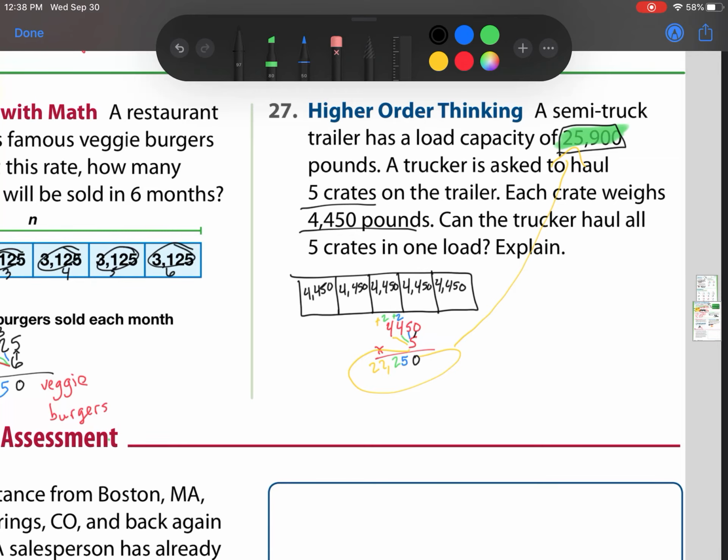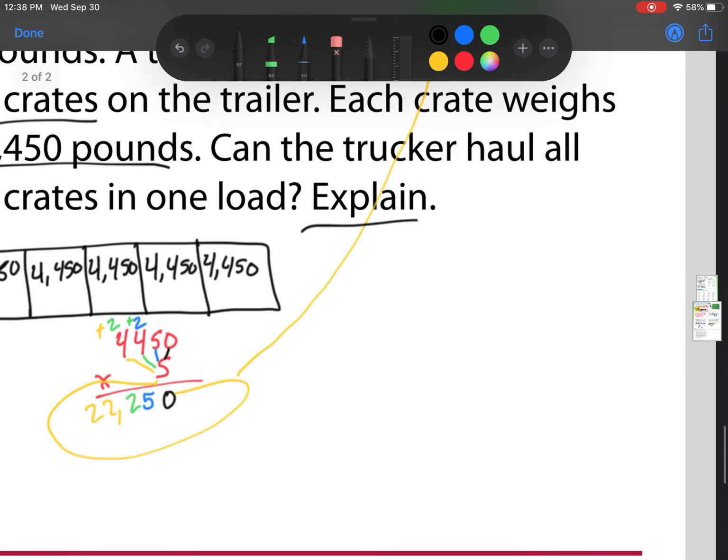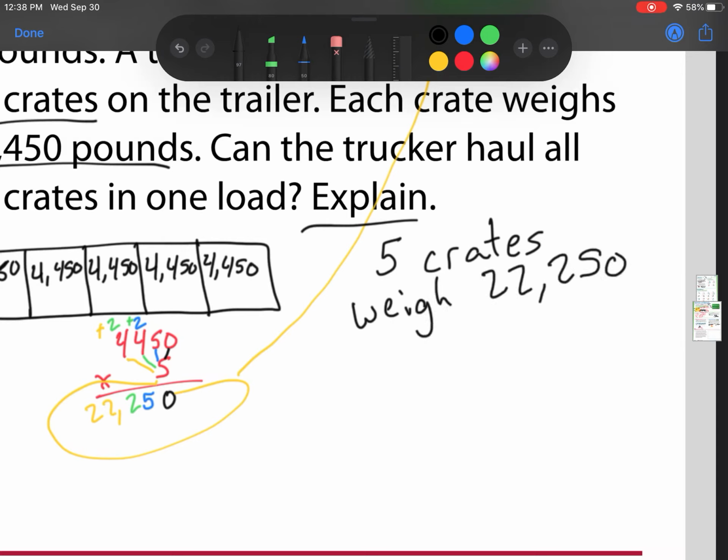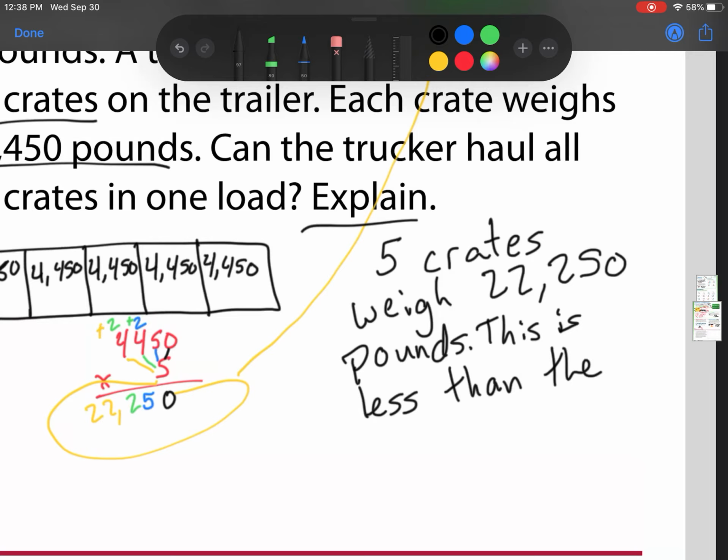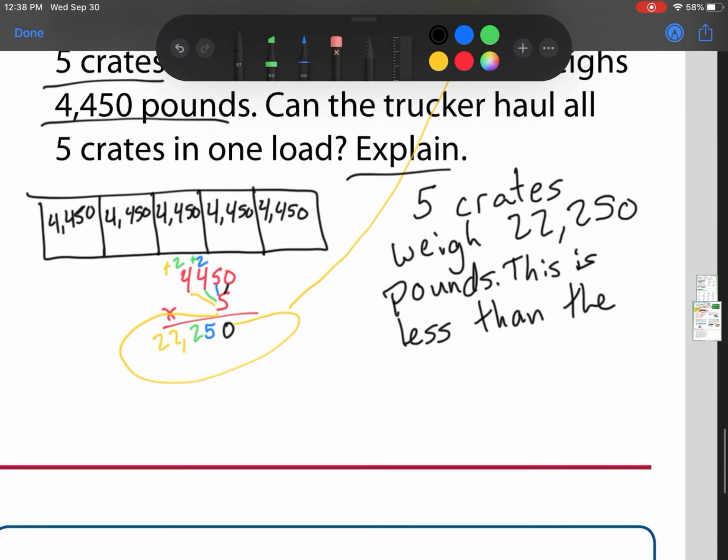So this is going to be my sentence since it says explain. I'm going to put 5 crates weigh how much? They weigh 22,250 pounds. This is less than the 25,900 pounds the truck can carry.